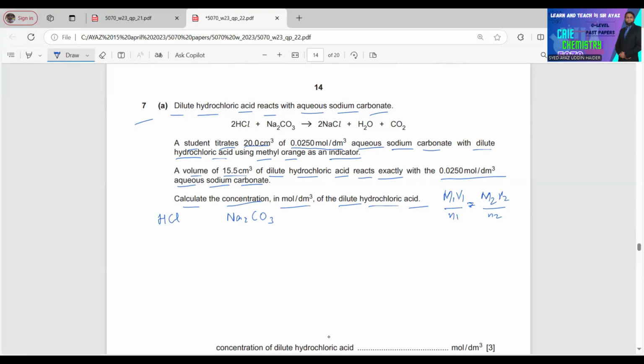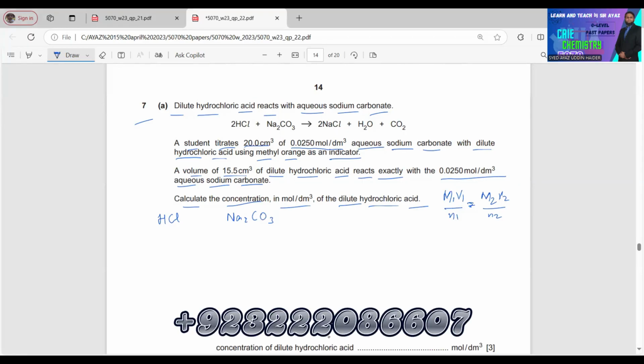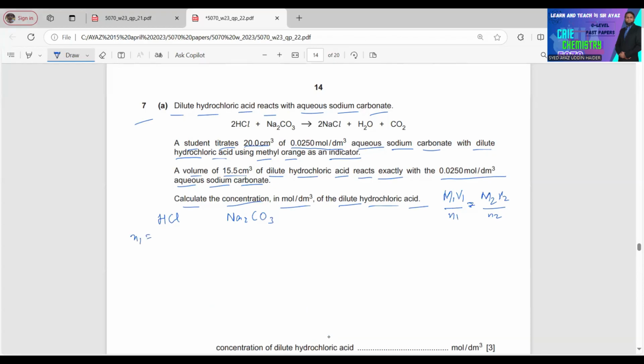For the number N, small n represents the number of reacting moles. For example, HCl, I am using N1 to represent the reacting moles of hydrochloric acid. So for Na2CO3, I will use N2. In the same way, I will use V1 as a volume for hydrochloric acid and V2 is a volume of Na2CO3. M1 is the concentration of hydrochloric acid. M2 is the concentration of Na2CO3.